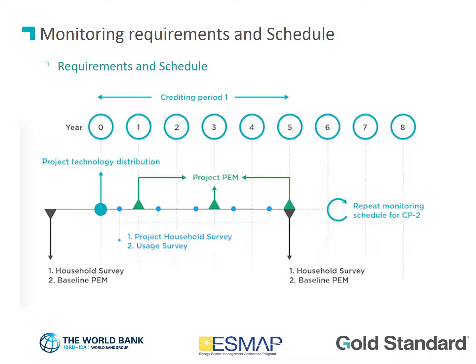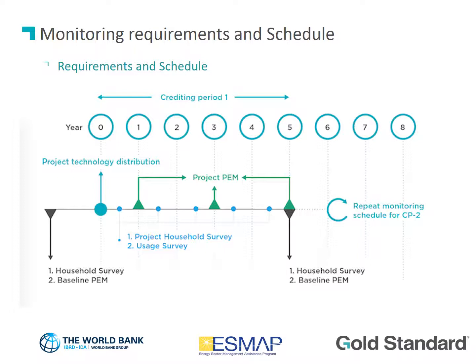You can see that the technology was distributed at year 0 by the first large teal arrow, and even before that, as indicated by the first black arrow down, the baseline household survey and the baseline personal exposure monitoring need to be completed. In years 1, 3, and 5, the personal exposure monitoring needs to be completed again, as indicated by the bright green arrows.